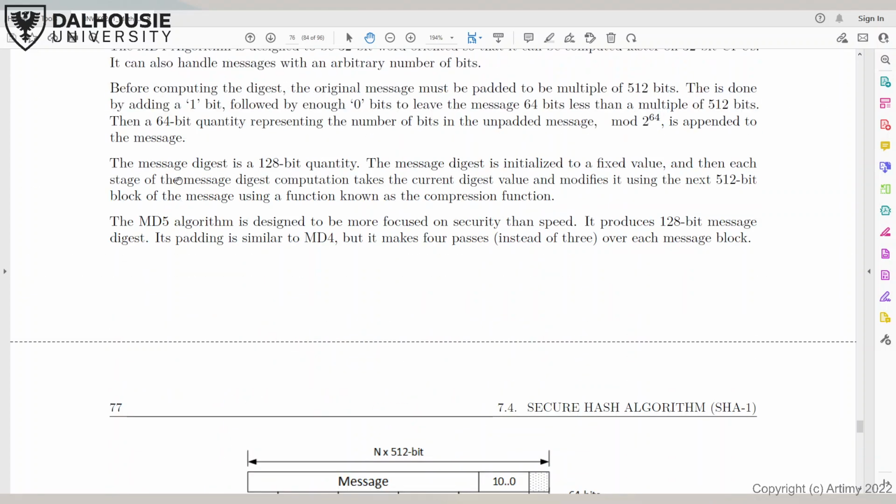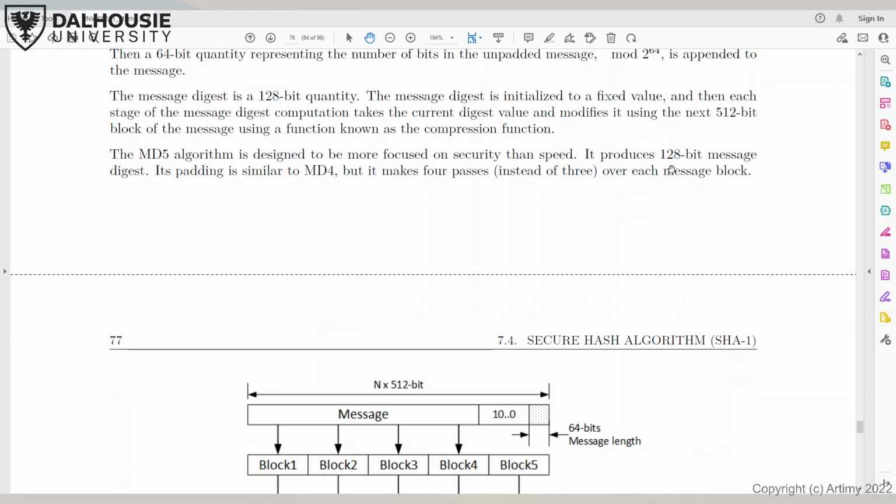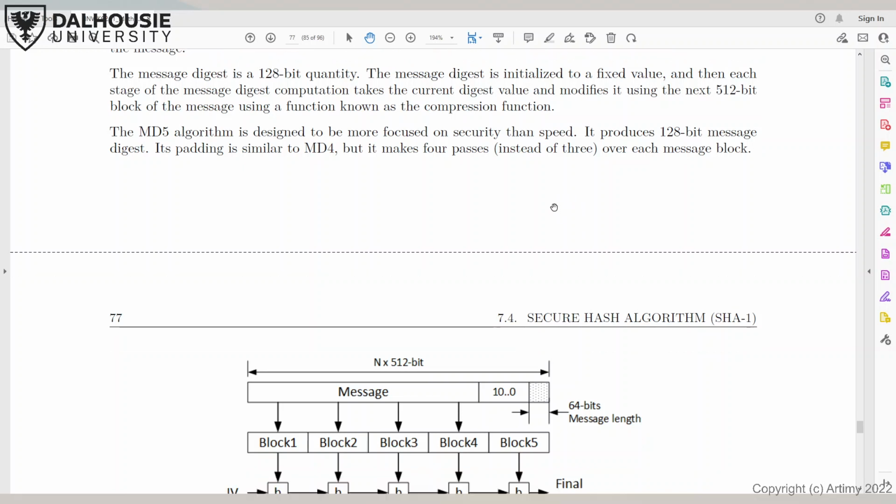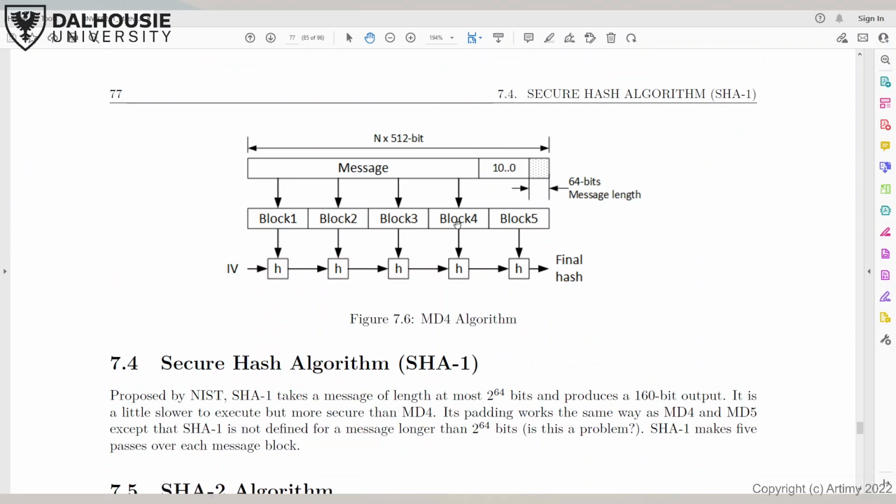So the MD5 is considered by today's standards weak, despite generating a 128-bit message digest. Thanks to high-speed computers, it's still possible to find two messages that have the same hash, which means finding a collision. Okay?